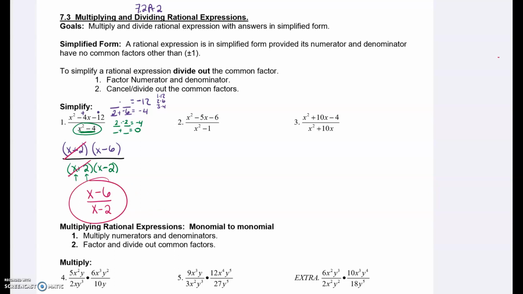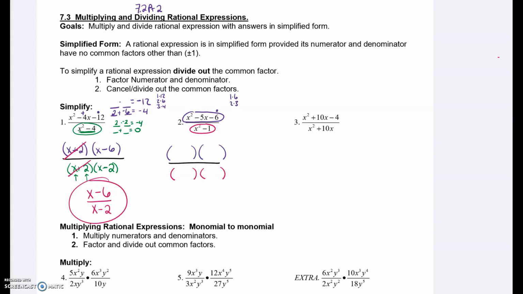All right, so the next one, I'd like you to pause the video and try it on your own. Typically, I don't take the time to write the blanks out to the side. I just think about numbers that multiply to give me negative 6, and if you need to write them down, you can. And then how would those add up to negative 5?